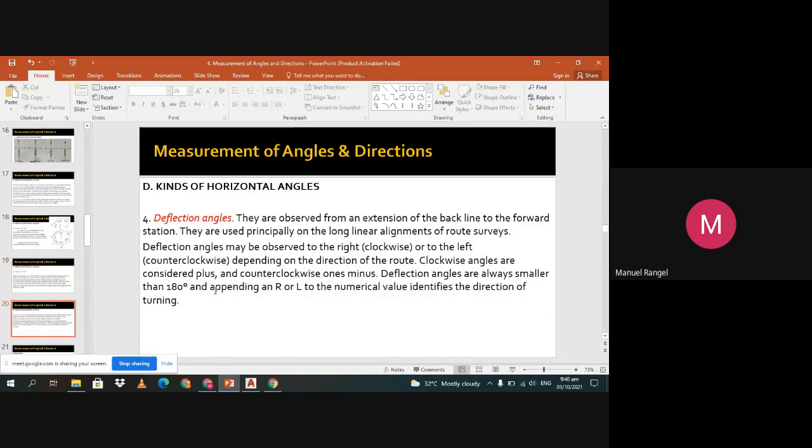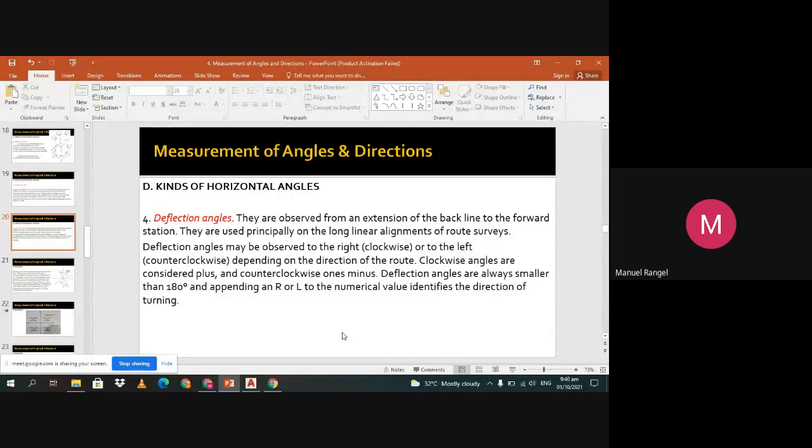Another kind is the deflection angles. They are observed from an extension of the back line to the forward station. They are used principally on the long linear alignments of route surveys. Deflection angles may be observed to the right or to the left, depending on the direction of the route.